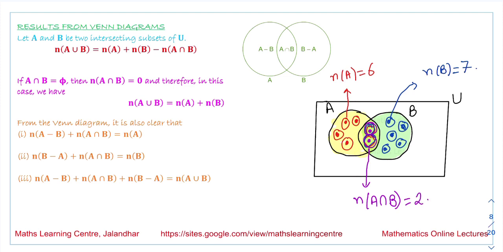Now if we are counting the number of elements in A union B, A union B means we are talking about this complete region.